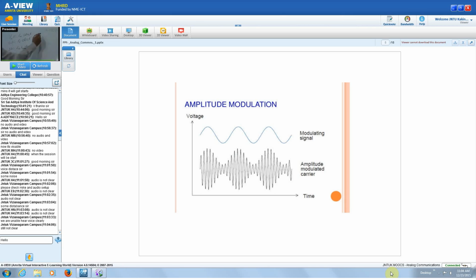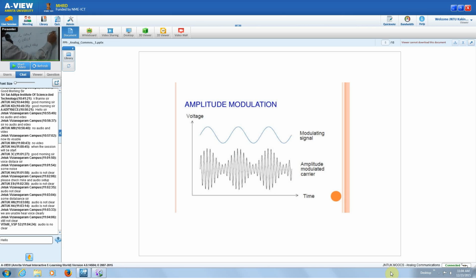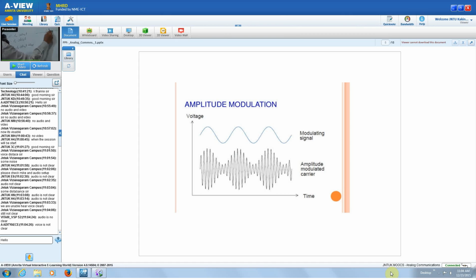The spectrum of this baseband signal is at FM and minus FM, whereas the spectrum of the carrier is at minus FC and plus FC.